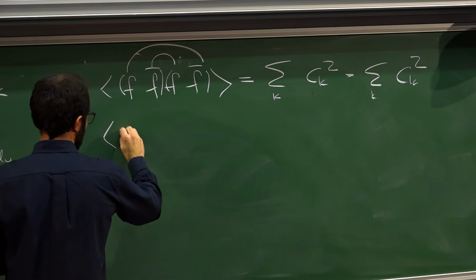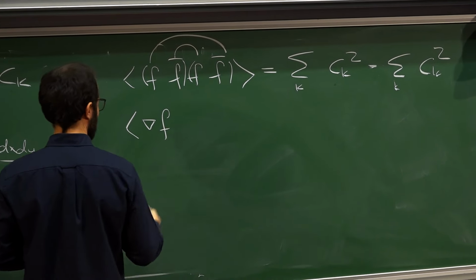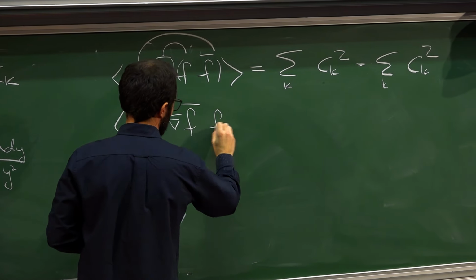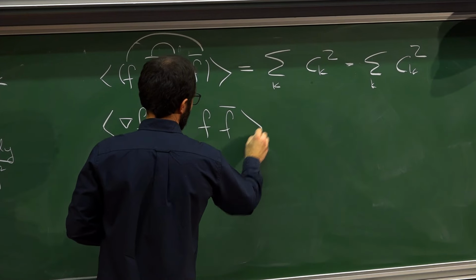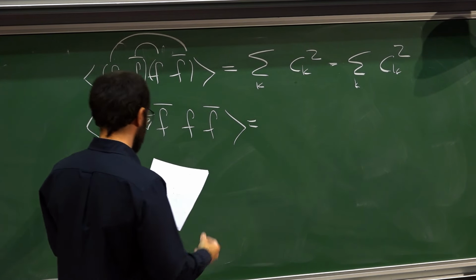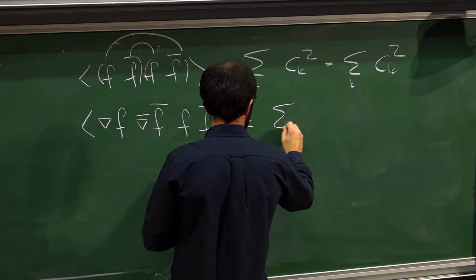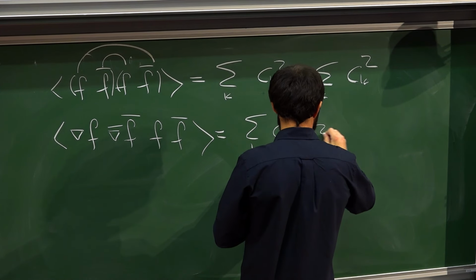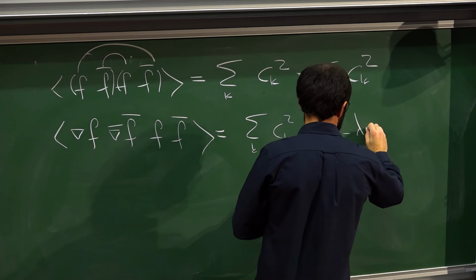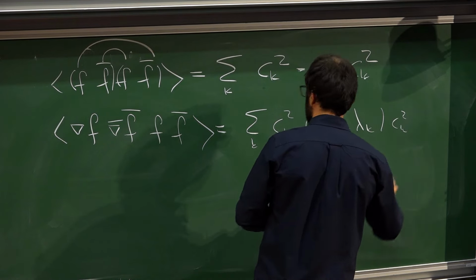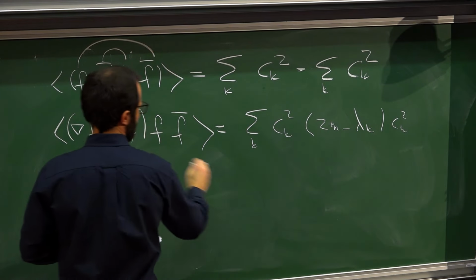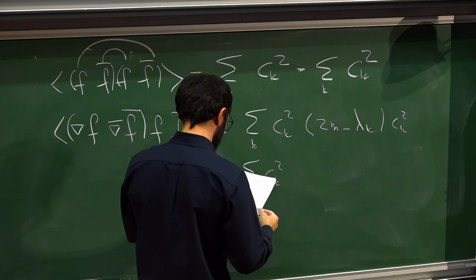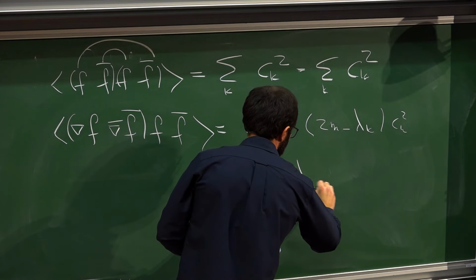So for example, if you insert a holomorphic covariant derivative here, you need to make sure that there is the same number of holomorphic ones and anti-holomorphic ones. Then, if you express it one way, you get C_k squared times (2m minus lambda_k) C_k squared. So that's if you do the S channel. But if you do the T channel, you get lambda_k.